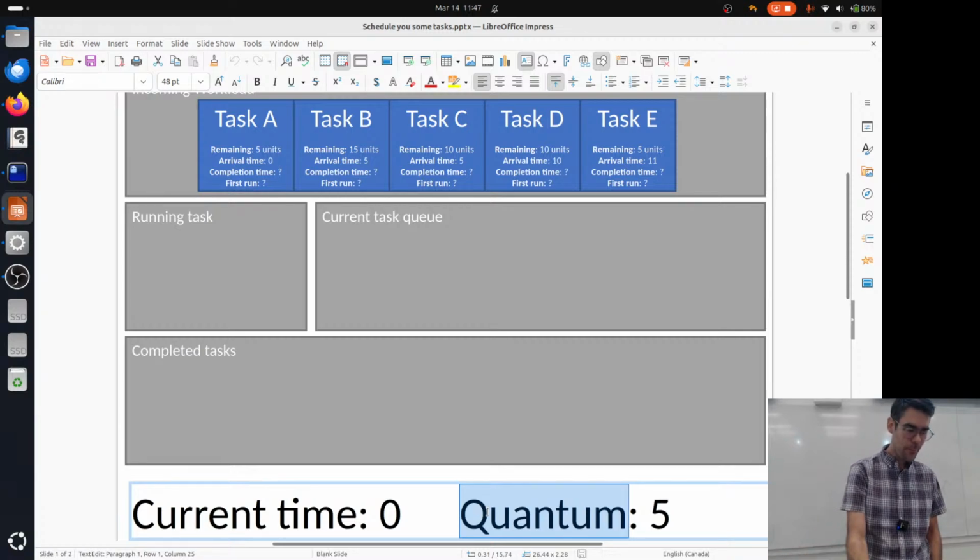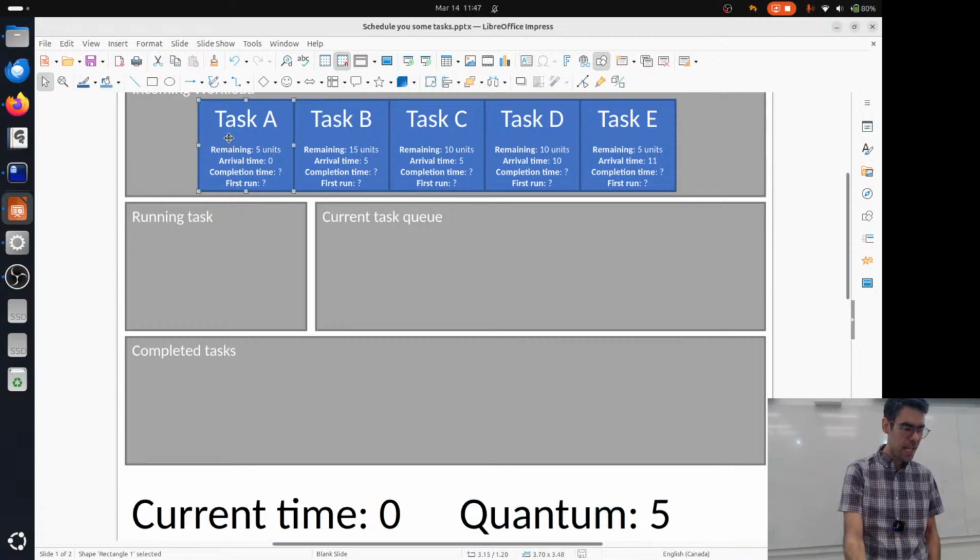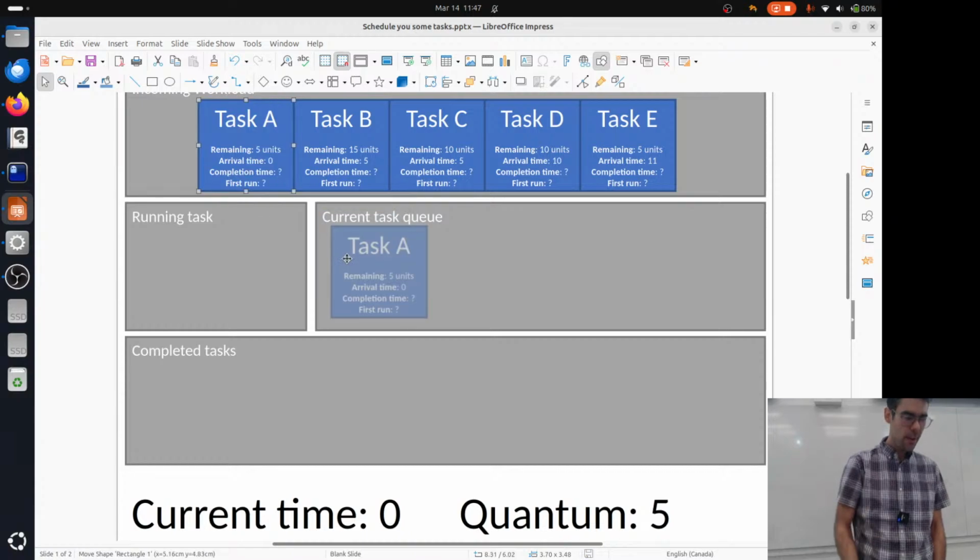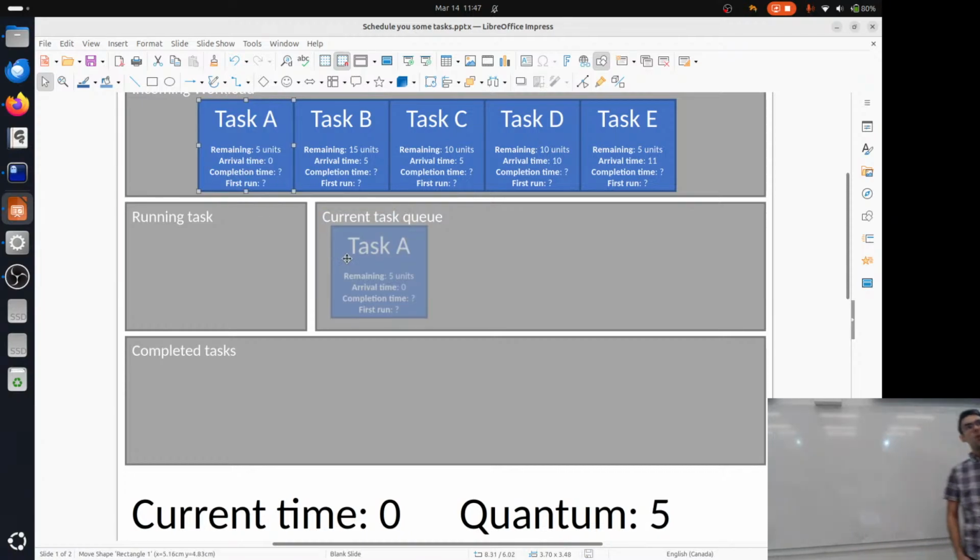Okay, so at time 0, I'm going to say that task A arrives. I'm going to put it first into my current task queue. And at time 0, again, unrealistic here, all of this is just happening instantaneously. It's the only thing that's in the queue, and so it immediately gets to run.